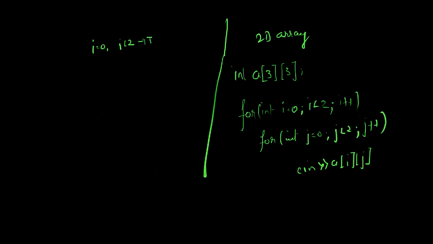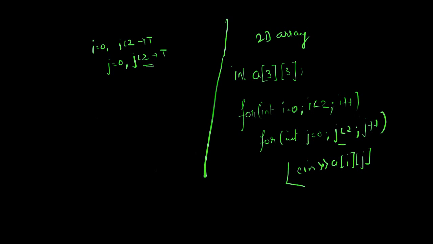So what happens when a for loop condition is true? It gets into the body of the loop. Inside the body of the loop, I have another loop, j is equal to 0, and j less than 2, and the condition again is true. So it gets into the body of this second for loop.